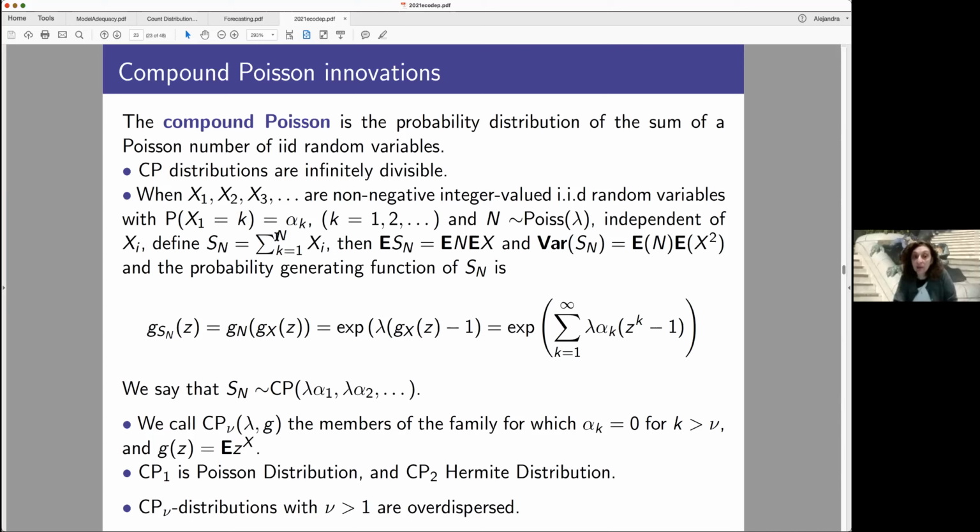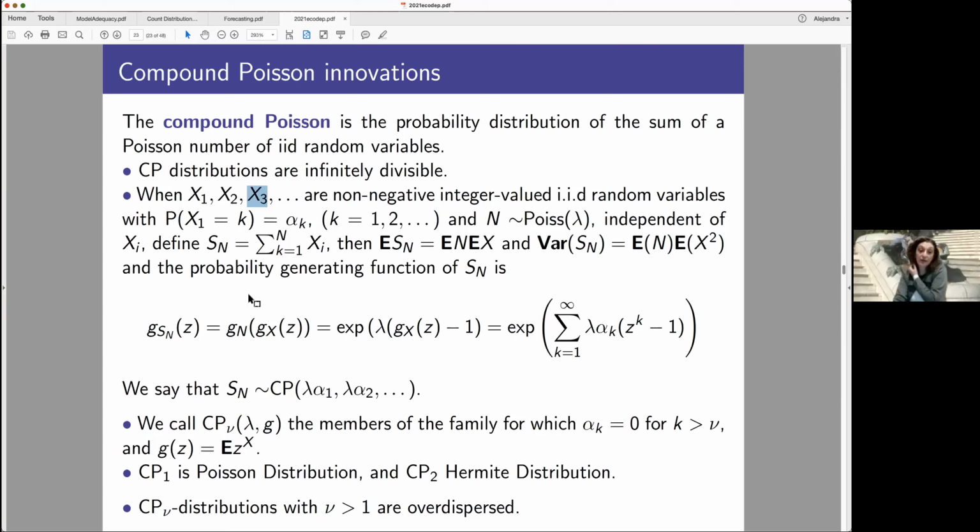When we sum a Poisson number of non-negative integer valued distributions, we've seen before that the expectation is the product of the expectations, and the variance is the expectation of the number of things we are summing times the second moment of the distribution of the things we sum.